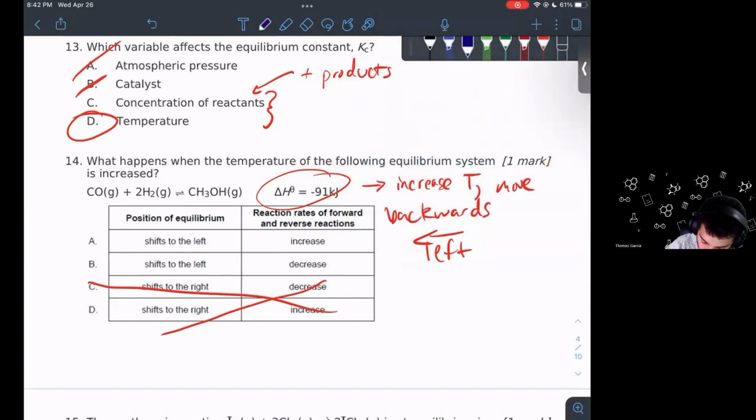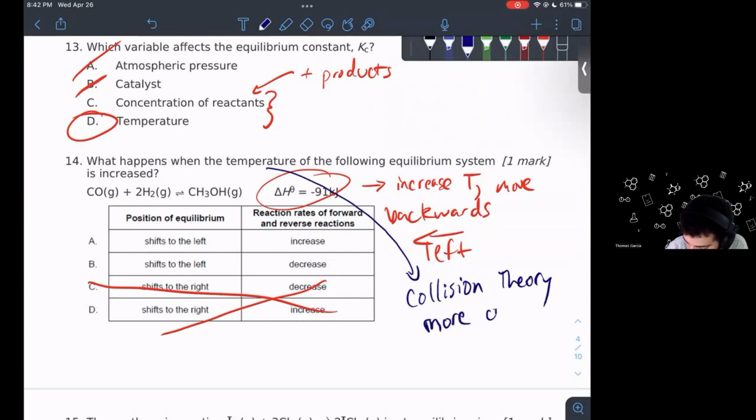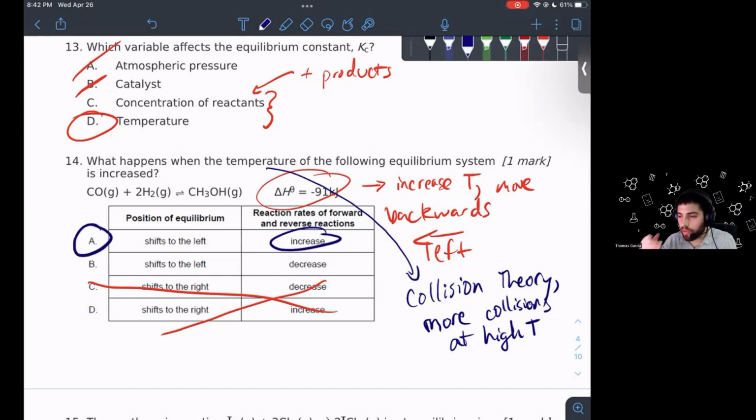If we think about temperature and think about collision theory, as we increase the temperature, we have more collisions. And more collisions at high temperature, and therefore, we're going to have a faster rate. Now, the forward and backwards rate are both faster, but overall, the individual rates are faster. All right.